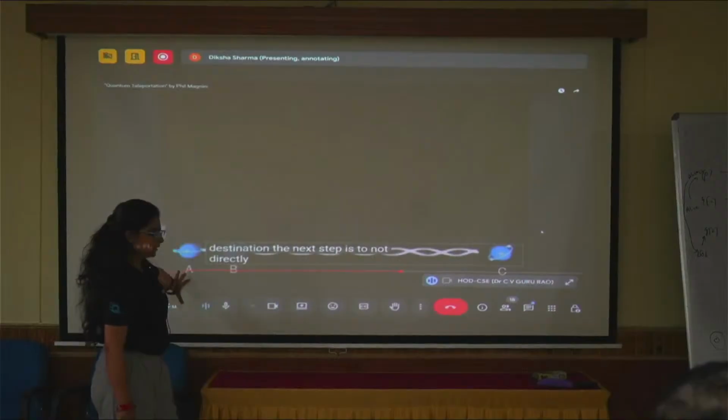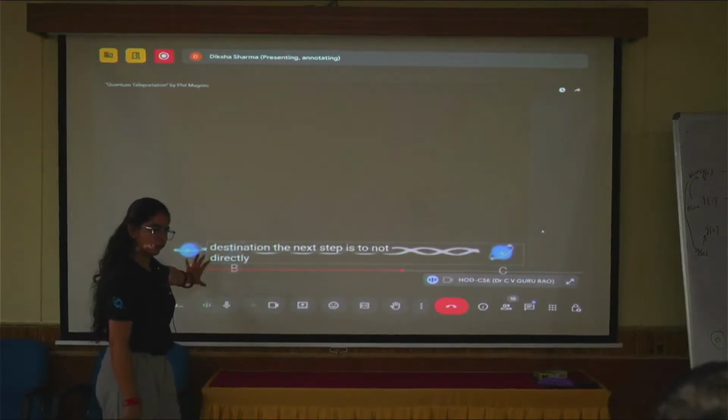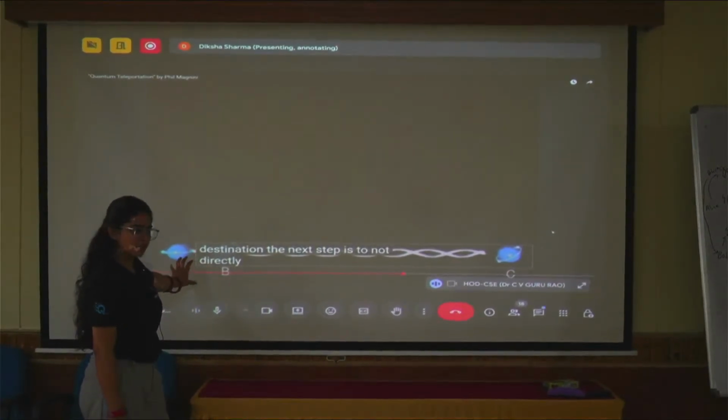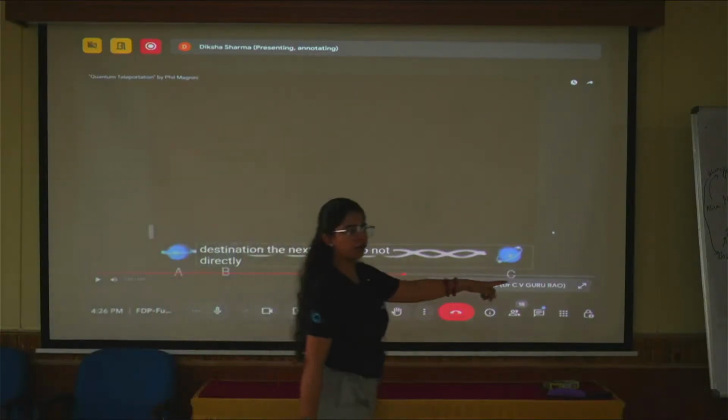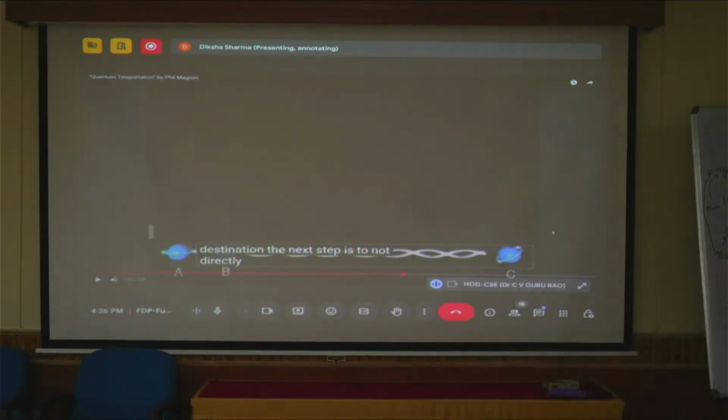And Alice also has one photon, one quantum state, which she wants to teleport to C, or to Bob, we can say. So now Alice is not measuring that particular state. That is a quantum state that remains as it is. Alice has generated it, she will not measure it.